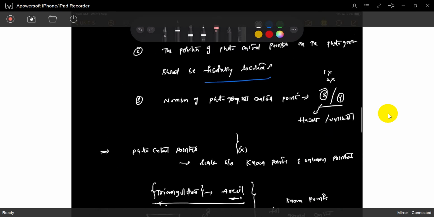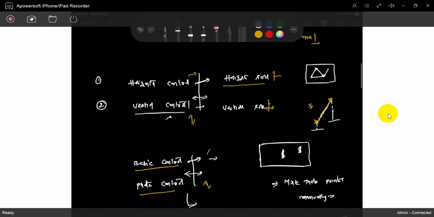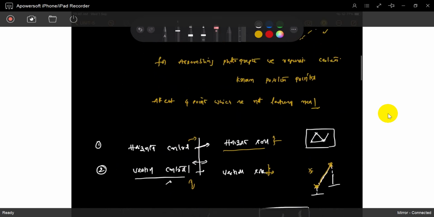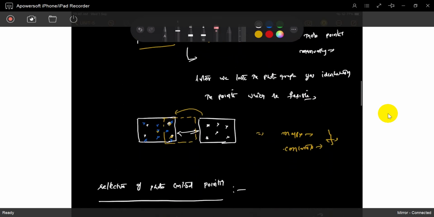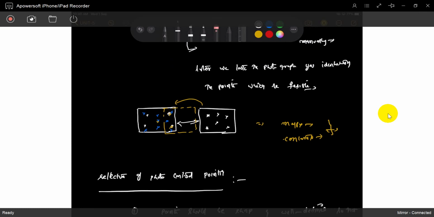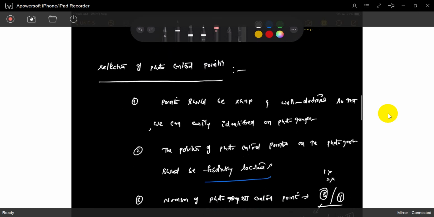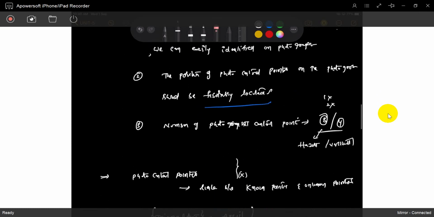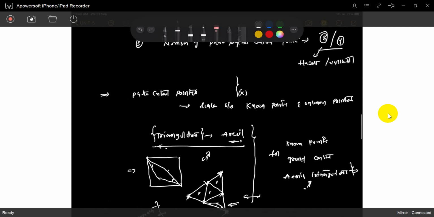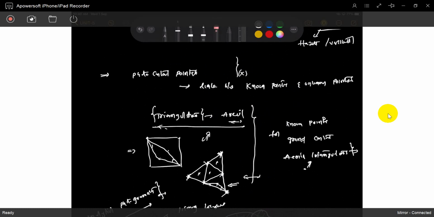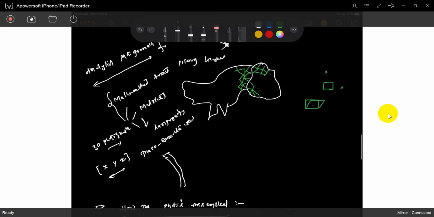Those are the 3D parts we have: mosaics, horizontal control, vertical control, ground control. Everything we discussed in triangulation relates to the same thing. Selection of the control points can be lifted from the triangulation points: photo control points, basic control, photo control, triangulation, everything.